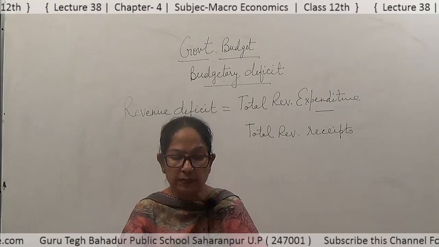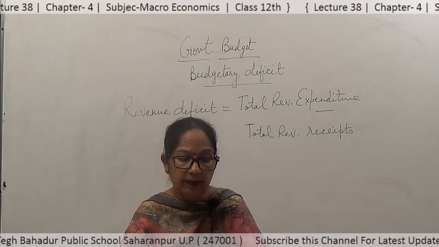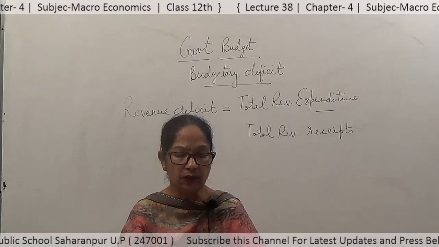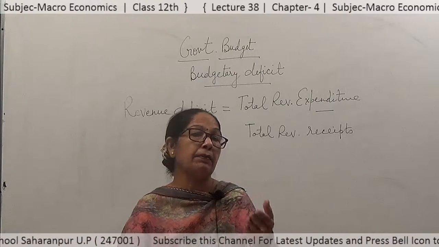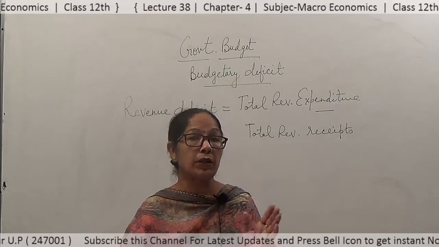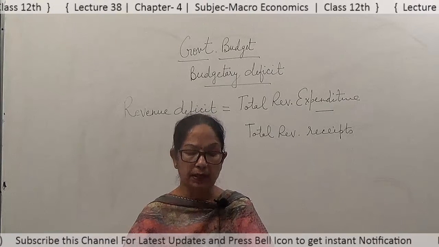So, revenue deficit may result either in increasing government liabilities or in reduction of government assets. So, revenue deficit implies a repayment burden. If government borrows from any source, it has to repay it back, and it increases its liability.